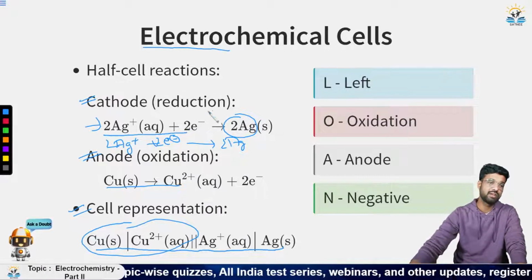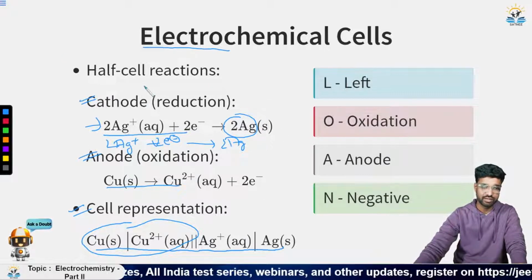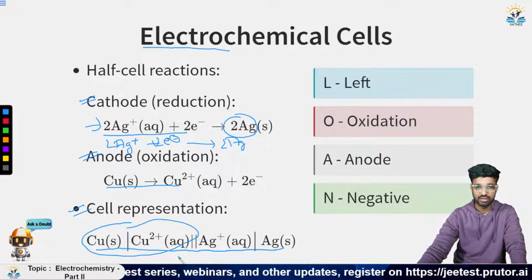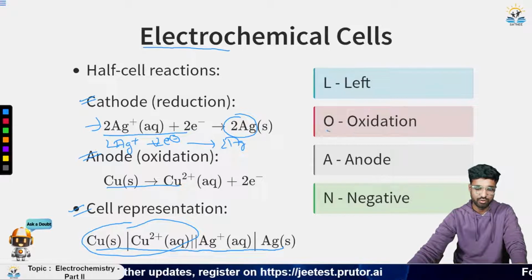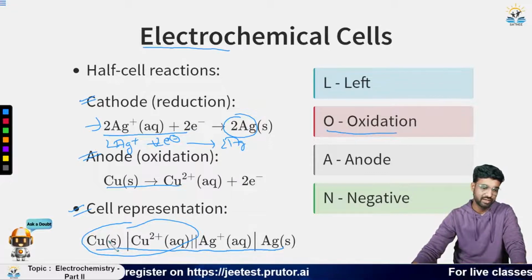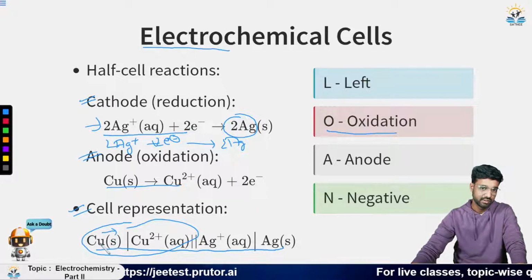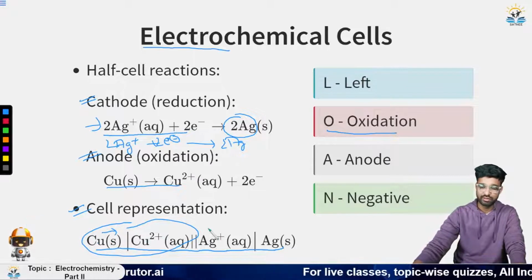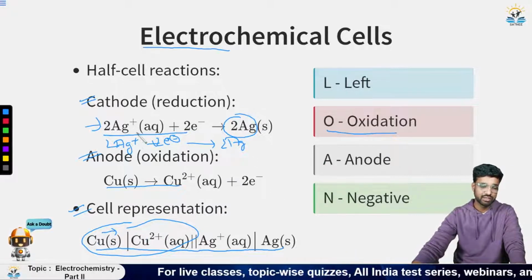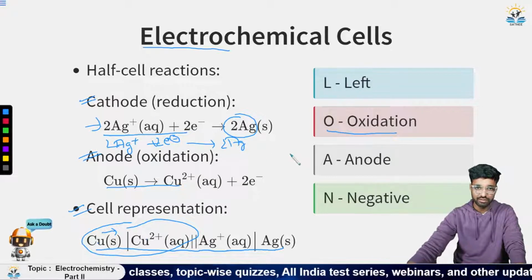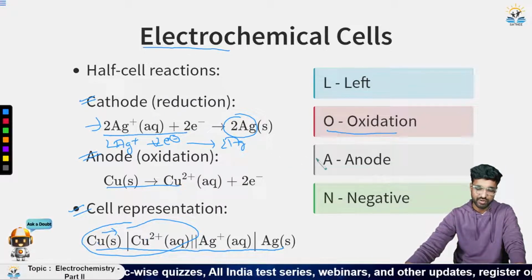This can be considered both for the diagram that we have seen earlier and for this cell representation. On the left side, the species will go under oxidation. You can see here very clearly that Cu is converting into Cu2+. It is releasing 2 electrons, that is, getting oxidized, and is present at the anode. So the anode is present on the left side.